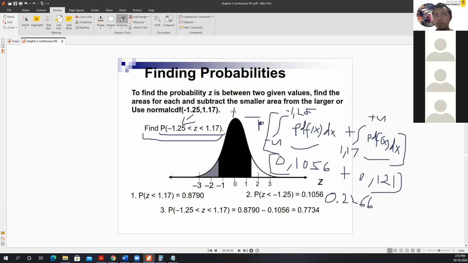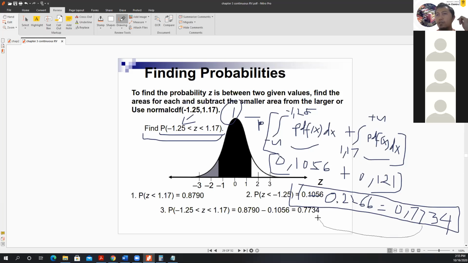Yeah, and this is still 1 minus. Okay, 1 minus this one is equal to 0.7734, something like that. So this is equal to this result.